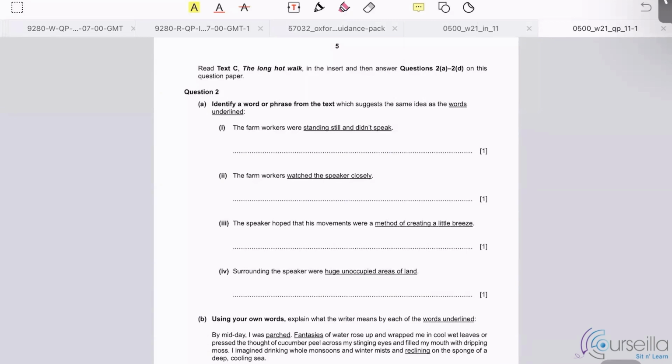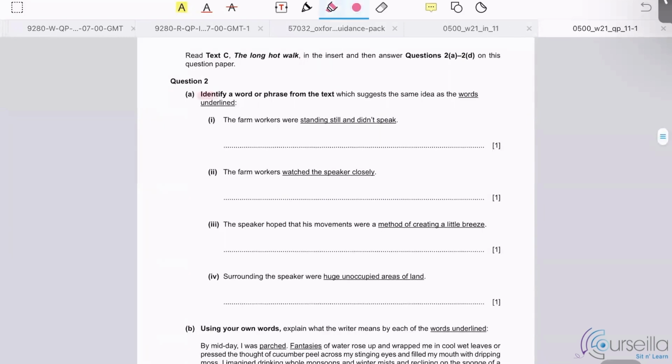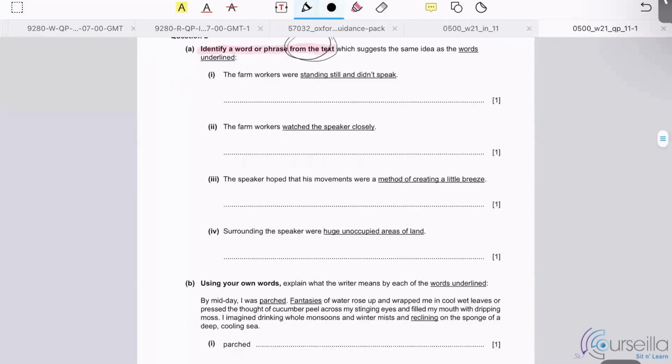And here we have to focus on the command words. What does he ask me for here? Identify a word or a phrase from the text. So it's from the text, it's not from my mind. So you have to read the question carefully and spot the command words in order to make sure that you are fulfilling the task you are being asked to do.